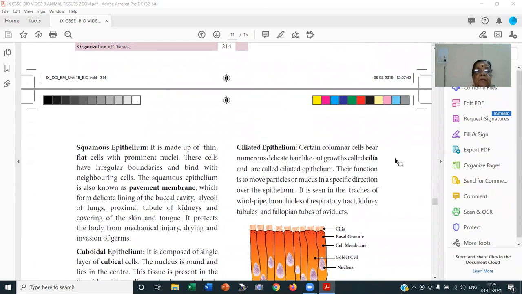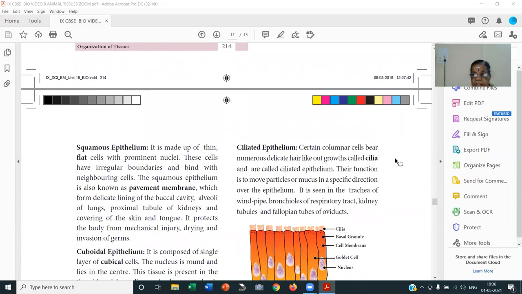Squamous epithelium is made up of thin flat cells with prominent nuclei. The cells have irregular boundaries and bind with neighboring cells. Squamous epithelium is also known as pavement membrane, which forms a delicate lining of the buccal cavity, alveoli of lungs, and proximal tubule of kidney.